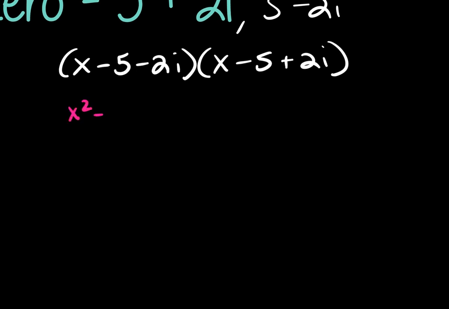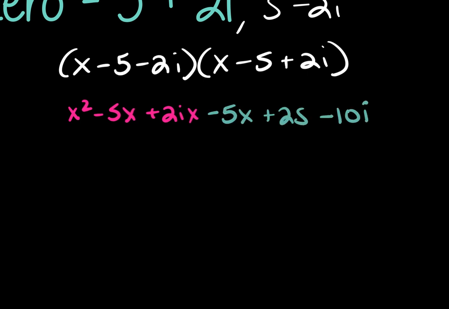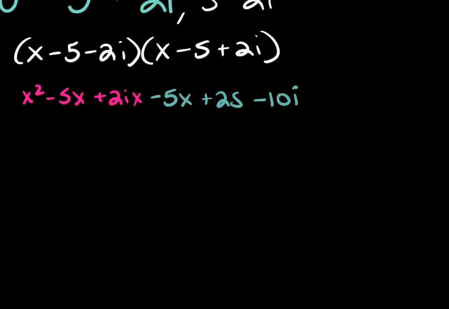Now I FOIL it out. X squared minus 5x plus 2ix minus 5x plus 25 minus 10i minus 2ix plus 10i minus 4i squared.